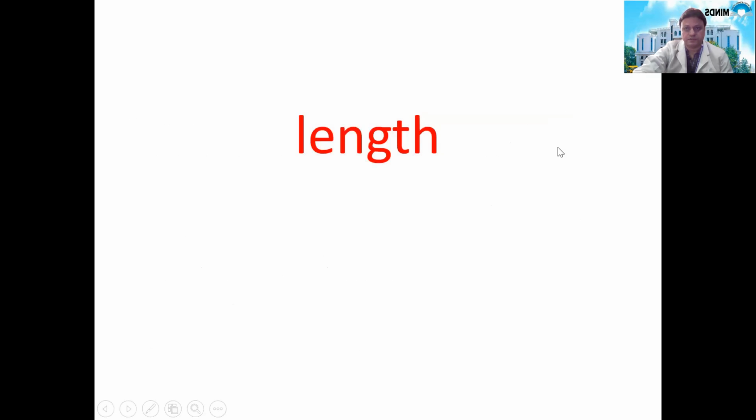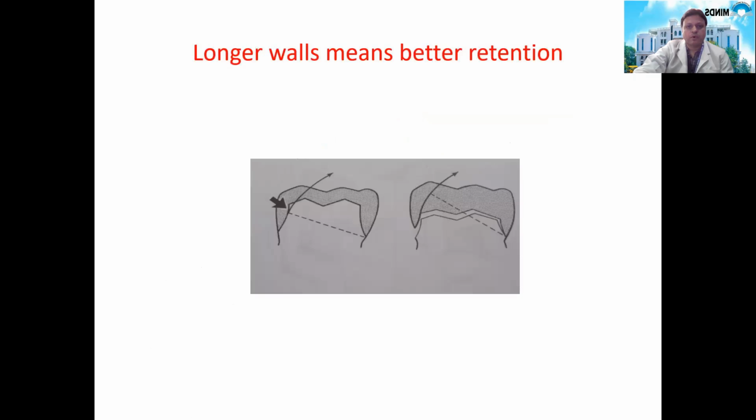Length of the preparation. The more the length of your crown, the coronal tooth structure, the higher will be the retention. As you can see in this picture of a molar preparation, in the first picture the clinical crown has longer walls because the height is more clinically.